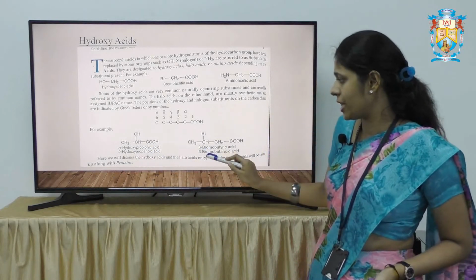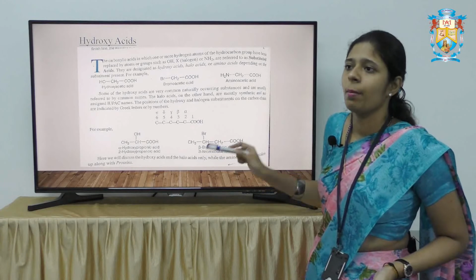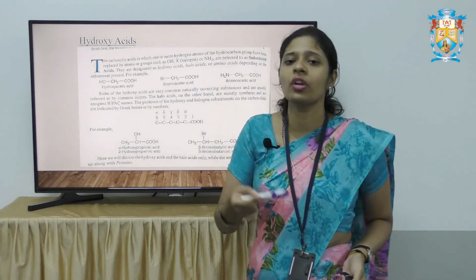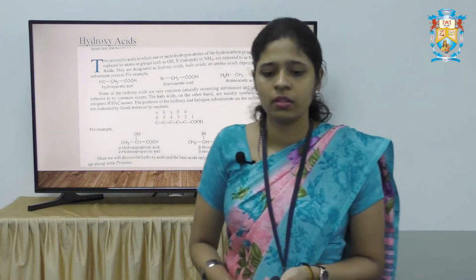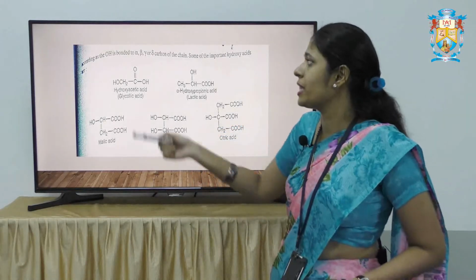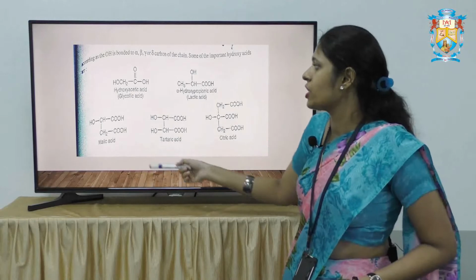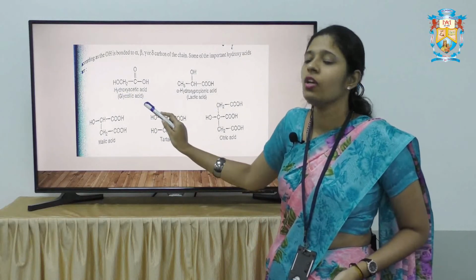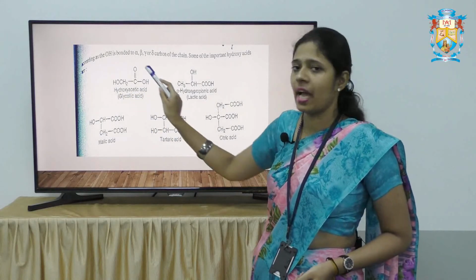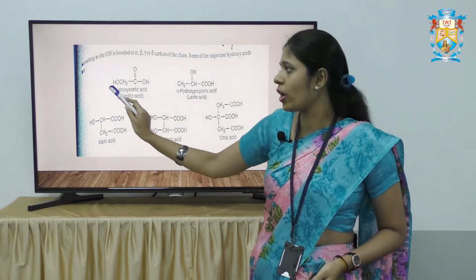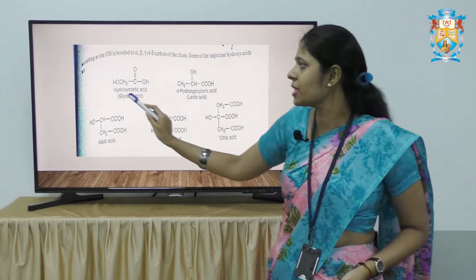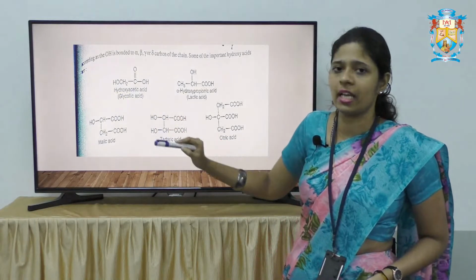Next, you can see here what is used for halides, but as I told, we are focusing only on hydroxy acid, so this is of major interest. Next, you can see many more examples such as hydroxyacetic acid. Here this is a simple acetic acid, that is CH2COOH. The hydroxyl group is attached to it, and hence it is named hydroxyacetic acid.